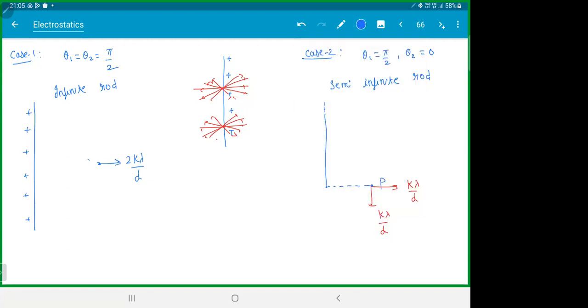Have a look at these two. Clear? Next thing.